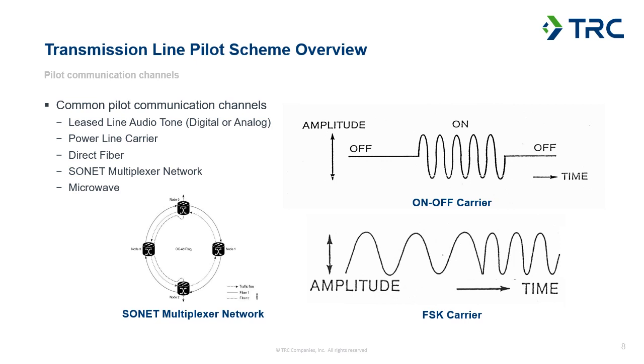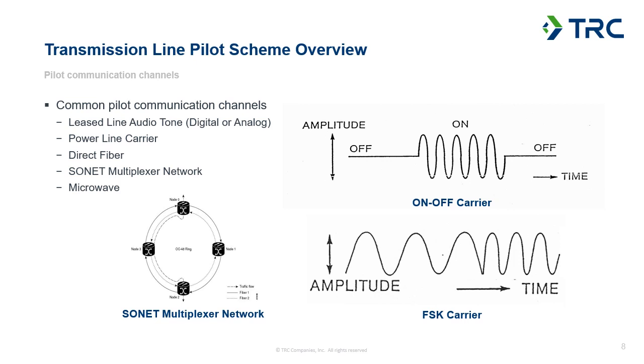Another is power line carrier, and I've got a couple example waveforms over here of an on-off and a frequency shift keyed type carrier signal. And that's basically using the conductors of the power line, the transmission line itself, to carry a high frequency signal from one end to the other.